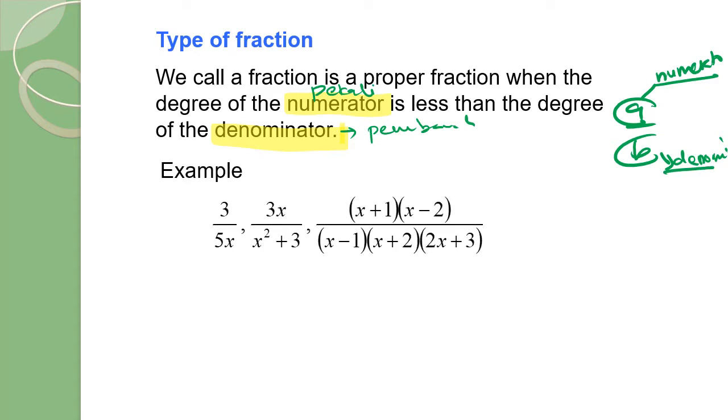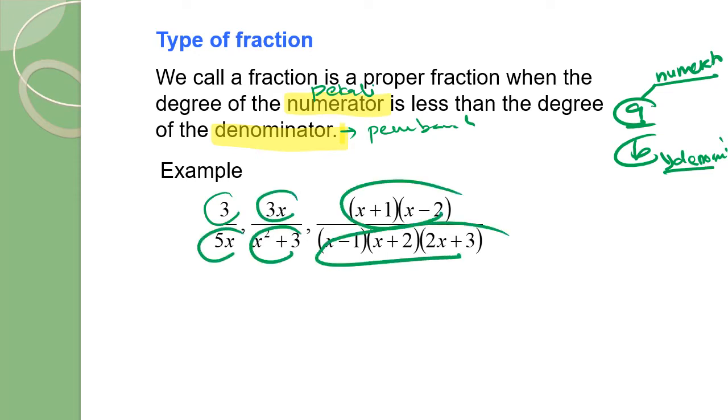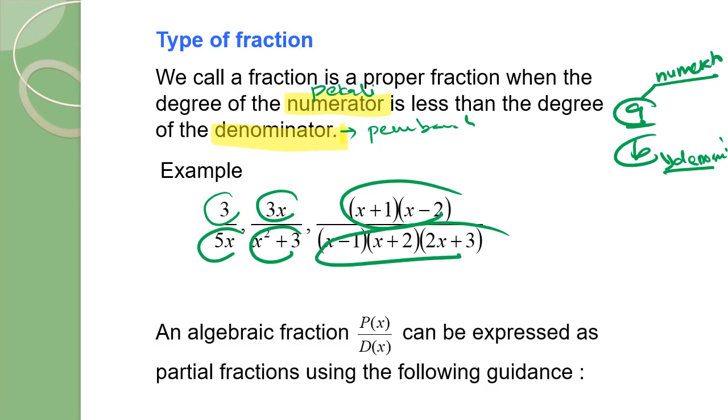Examples: 3 over 5x, 3x over x squared plus 3, and so on. So all of these are fractions, right? One single fraction, and we don't have any operation between fractions. An algebraic fraction, P(x) over D(x), can be expressed as partial fractions using the following guidance.